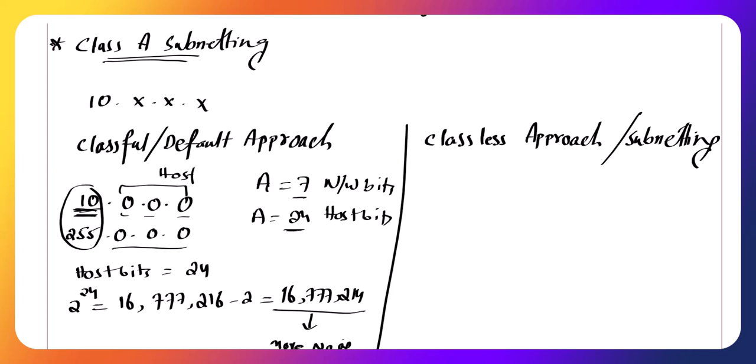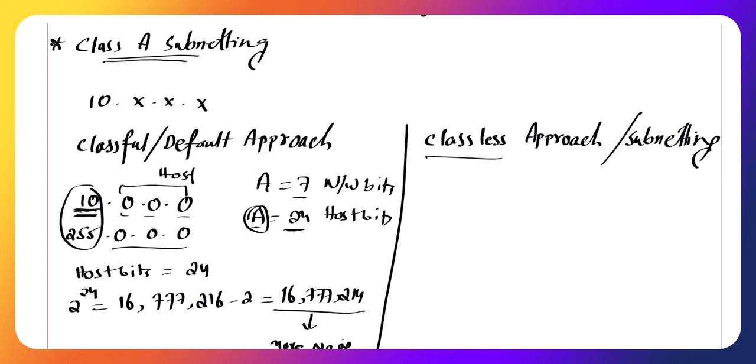We cannot increase or decrease this number because it's classful. We must follow the class rule. In classless, you can decrease the number of host bits, because you are no more restricted to this class limitation. You can go to the second octet, the third and fourth octet, and use bits from there, meaning use the suffix bits as prefix bits.